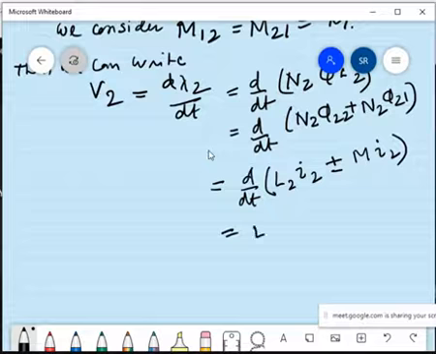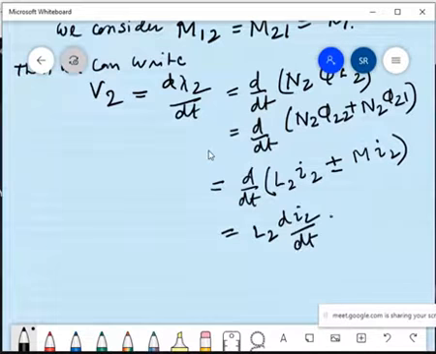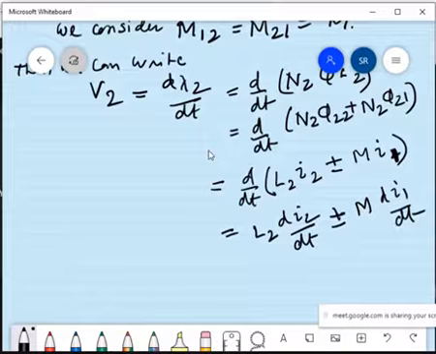So this will be L2 di2 dt plus minus M, this will be I1 because mutual inductance is due to the current I1. We are considering the second coil. So M di1 dt.